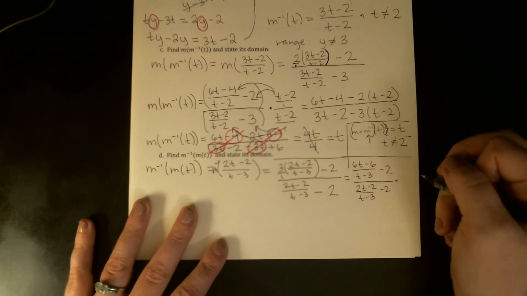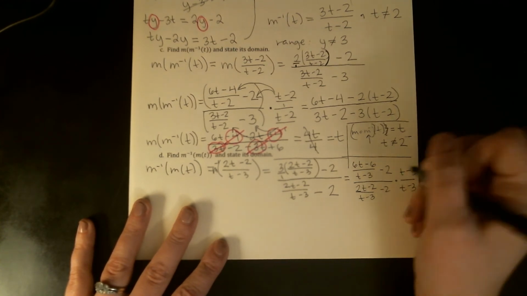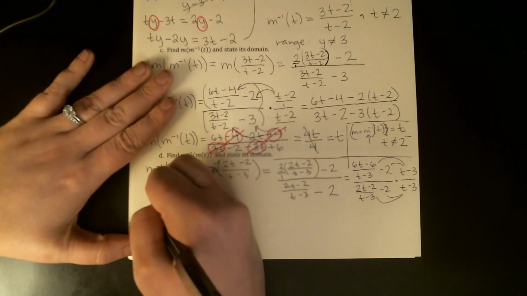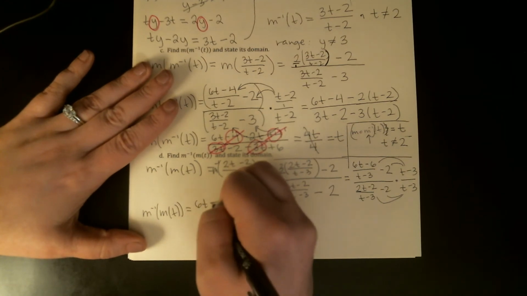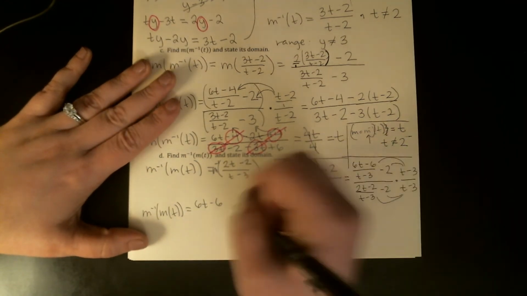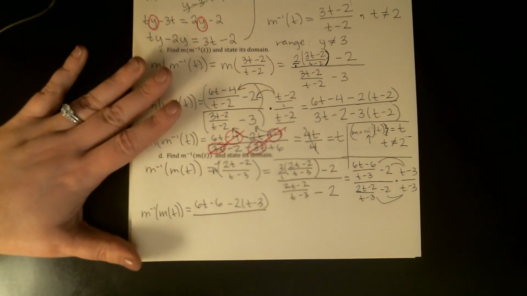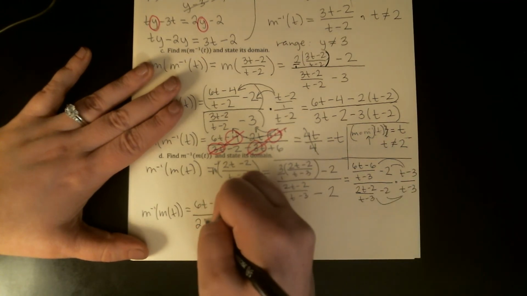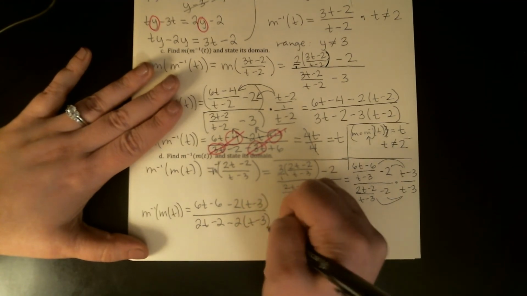Okay. And then clearing fractions, I need to multiply top and bottom by t minus 3. Don't forget to distribute. So I'm going to get a 6t minus 6. So I have m inverse of m of t. 6t minus 6 minus 2 times t minus 3 all over, again, the fraction, the t minus 3 cancels, so 2t minus 2 minus 2 times t minus 3.